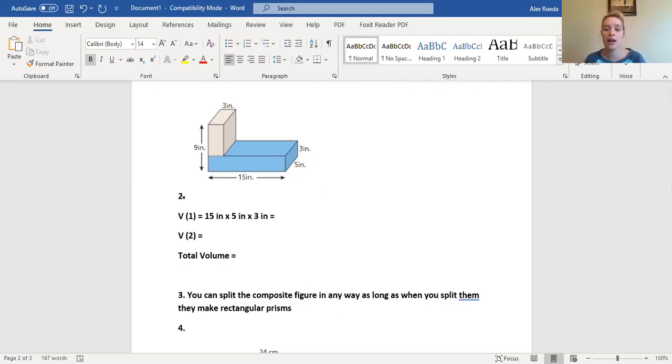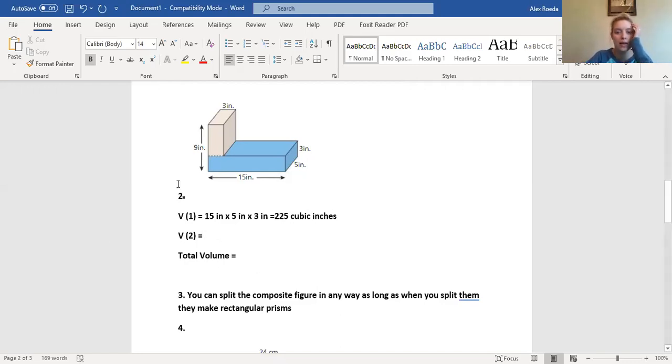Okay, and then I can do 75 inches times 3 inches, and I'll get a value of 225 cubic inches. So we can fill that in.